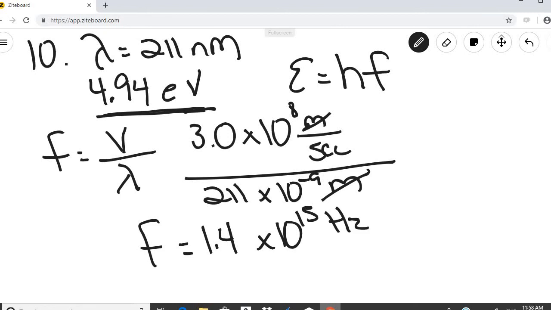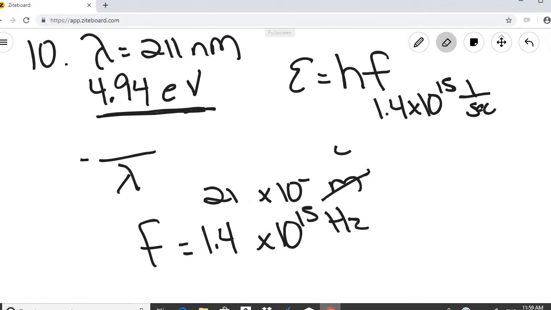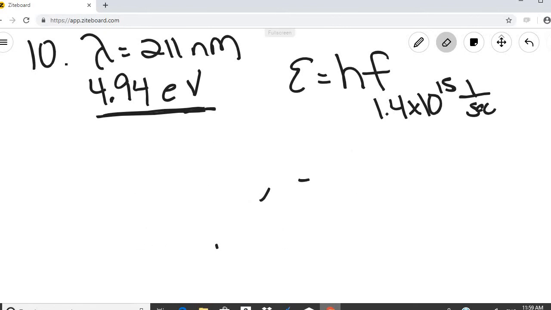Okay, so that we can plug that number up here. So 1.4 times 10 to the 15 1 per second. And then all we have to do then to get the energy is to plug in Planck's constant.